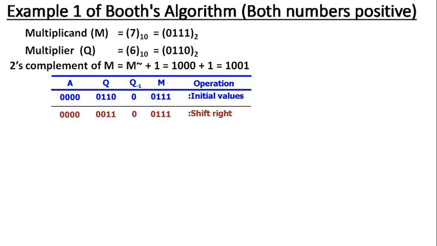Obviously, from Booth's algorithm flowchart, it will go back. Once again, in the last iteration, the only one performed so far and shown above in brown color, the Q0 and Q minus 1 bits will be tested once again.